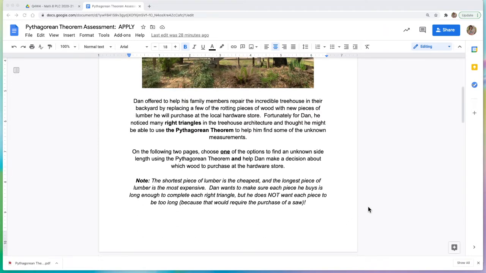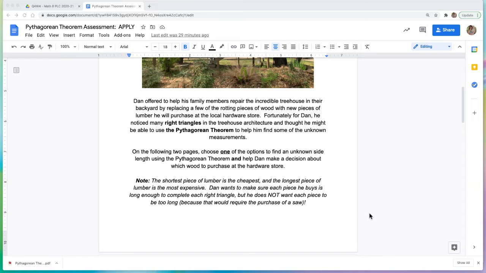So the next two pages include two different problems or two different scenarios. You will choose only one of the options to find an unknown side length using the Pythagorean theorem and help Dan make a decision about which wood to purchase at the hardware store.